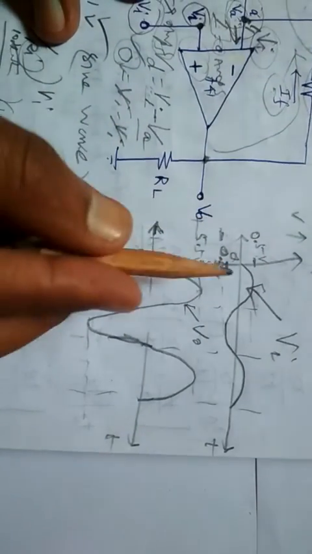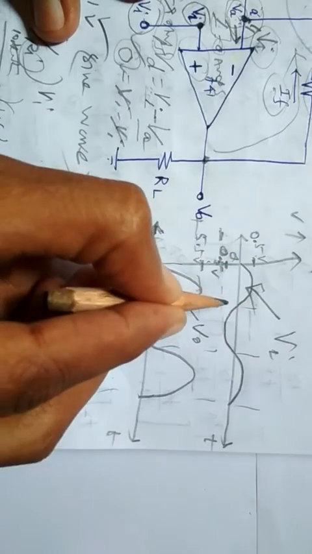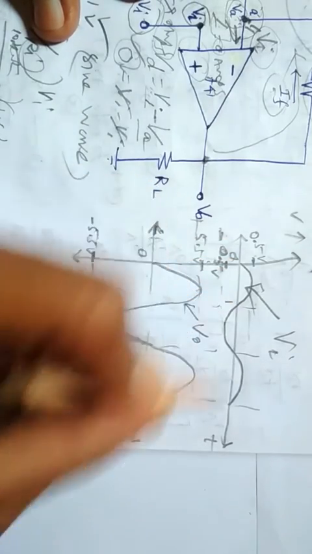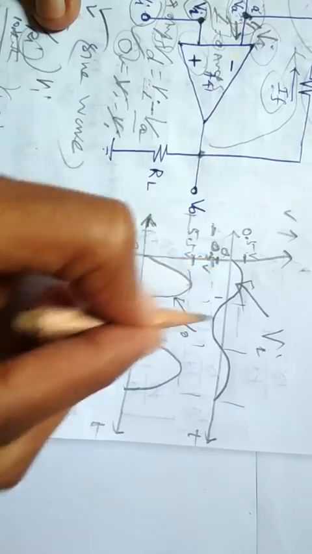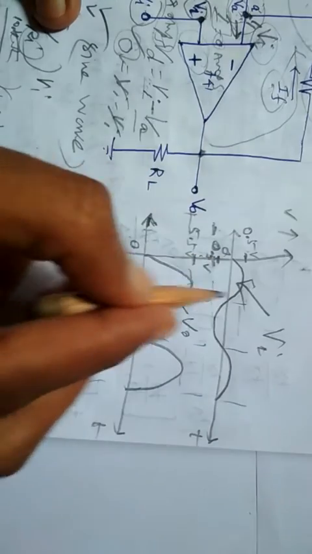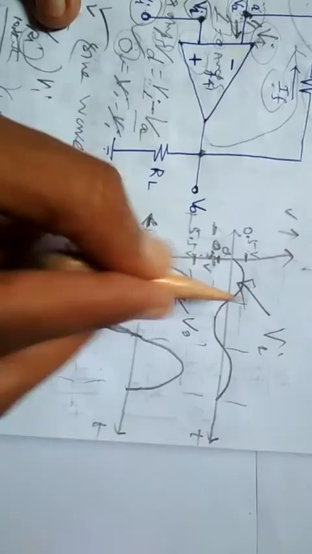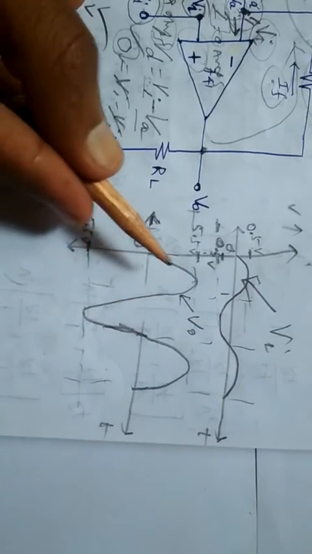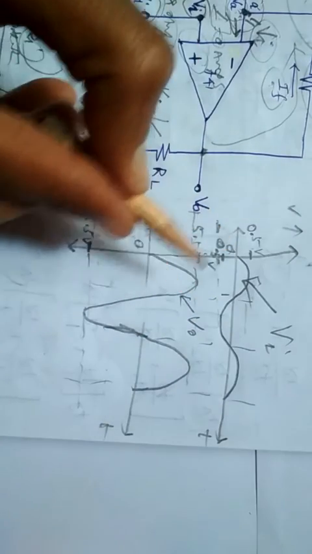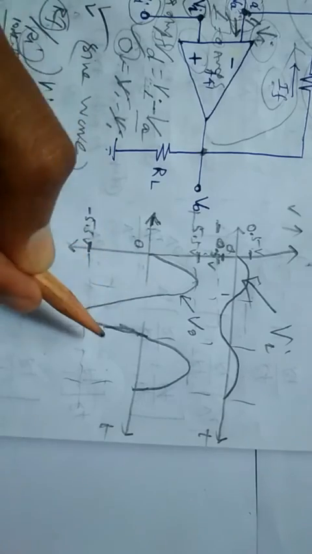If you consider the phase, it has 0 phase shift with the input, whereas in the inverting amplifier, because of the minus in the result, we have to draw it reversed, 180 degrees out of phase with the input.